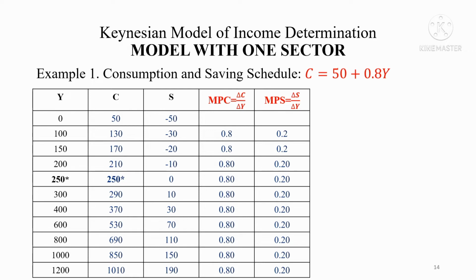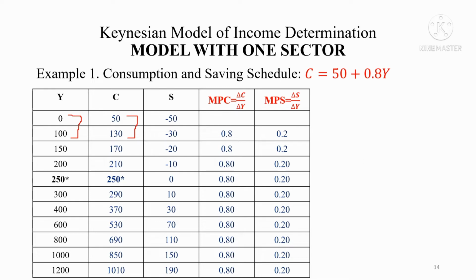MPC is equal to change in C over change in Y. The MPC at 100 level of income is 0.8. So, paano naging 0.8? As income increases from 0 to 100, consumption also increases from 50 to 130.